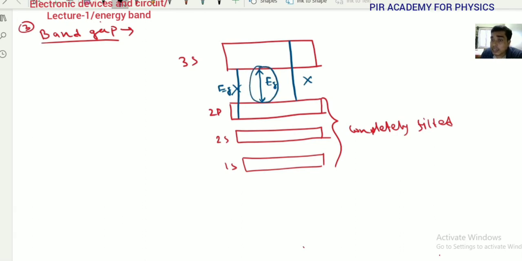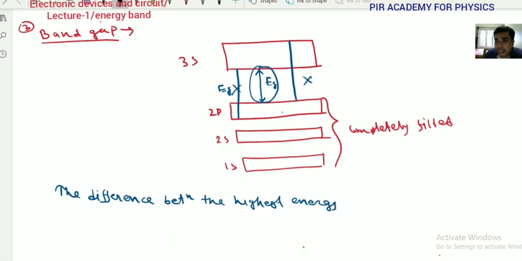That means this is the energy band, and the band gap is the energy difference between these two energy bands. If you want to tell the definition of band gap, it is the difference between the highest energy in an energy band.